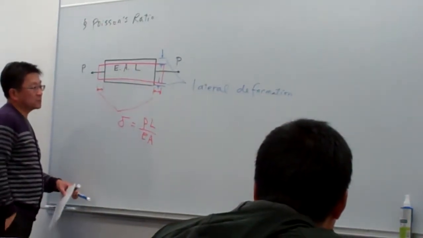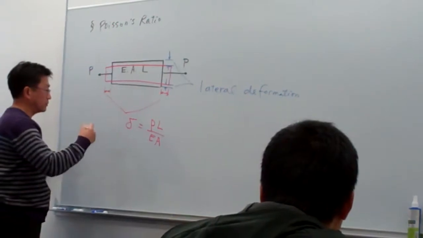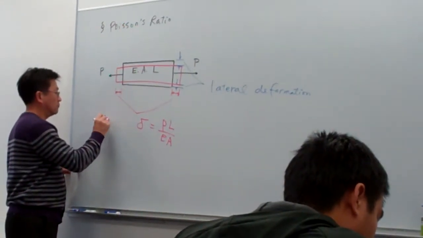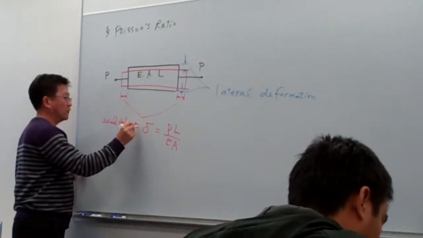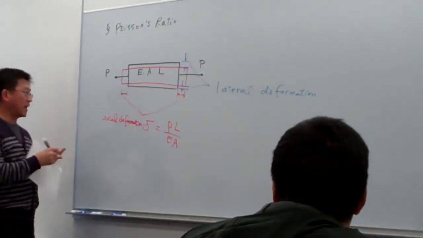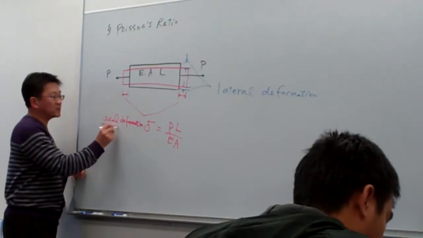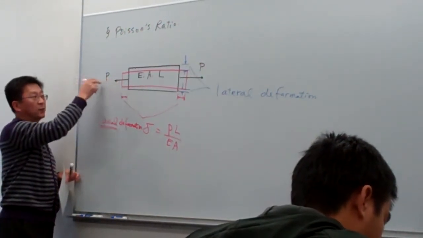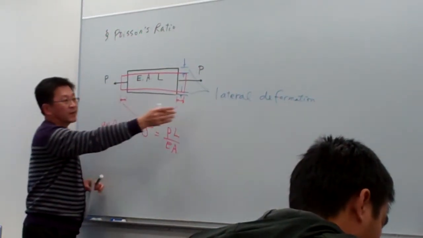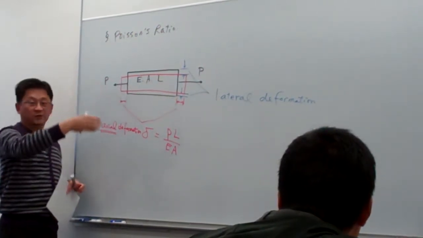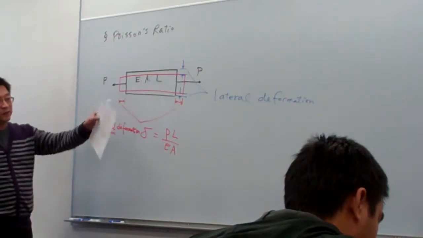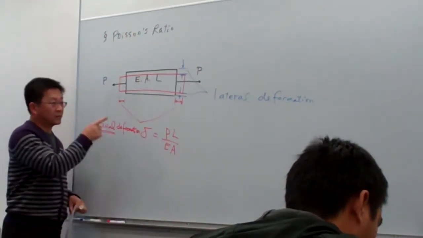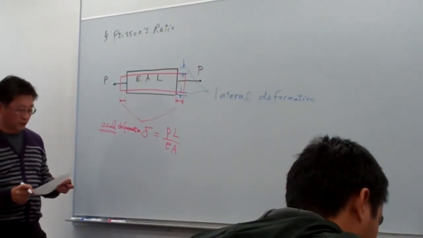This one is called the axial deformation. The axial means we define the axial direction as the direction in which P is applied, and the lateral means the direction perpendicular to the direction of P. The lateral deformation can be calculated by introducing the Poisson ratio.